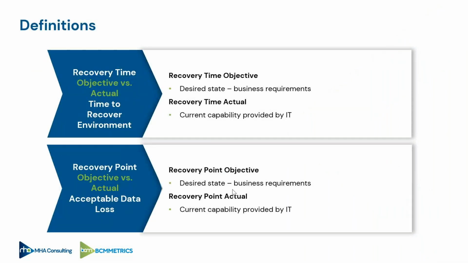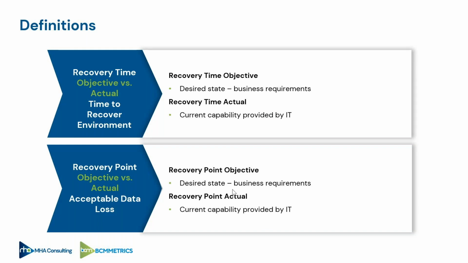Just to make sure we're all on the same page, especially when it comes to disaster recovery plans, we want to make sure that we understand recovery time objectives and recovery point objectives versus actuals. A recovery time objective is when something needs to be available or recovered.